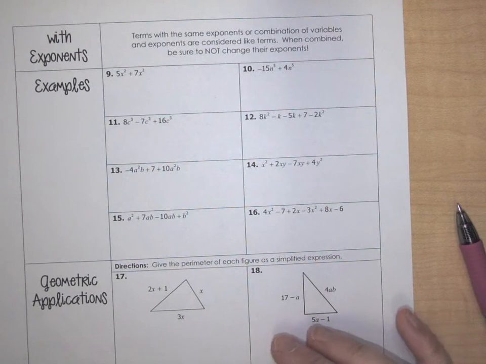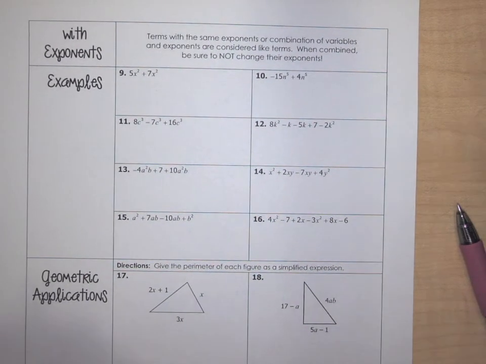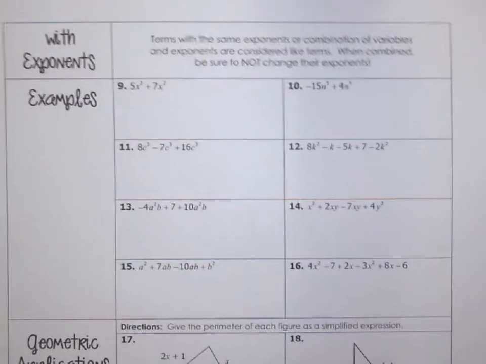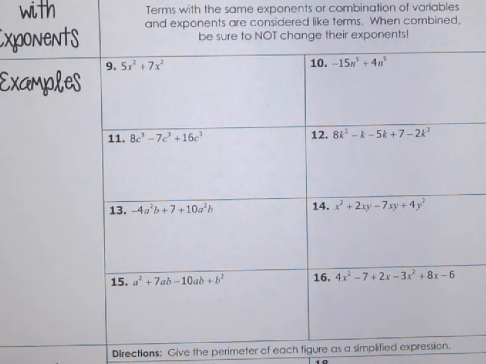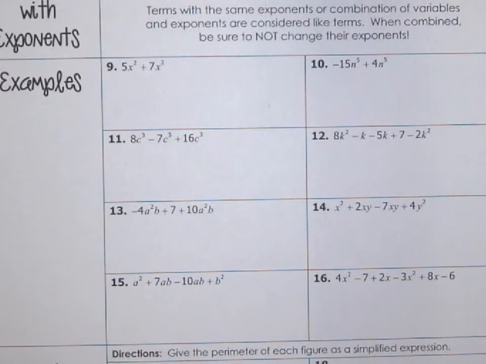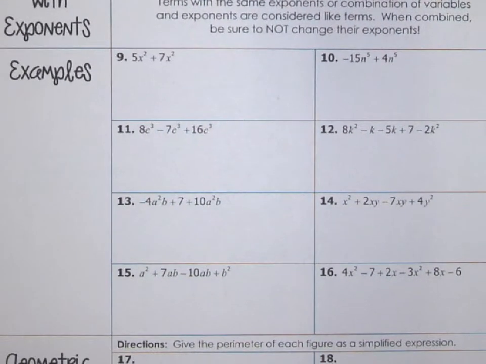Sometimes terms will have exponents. If the terms have different exponents, then they are not alike. If they have the same exponent, when you combine the like terms, just combine the coefficients, leave the variables and the exponents the same.